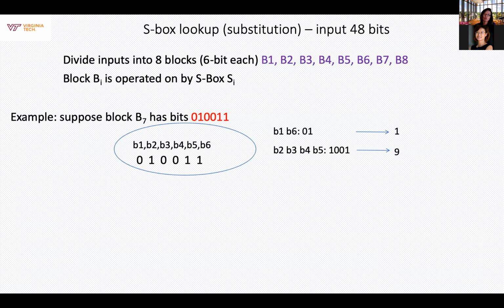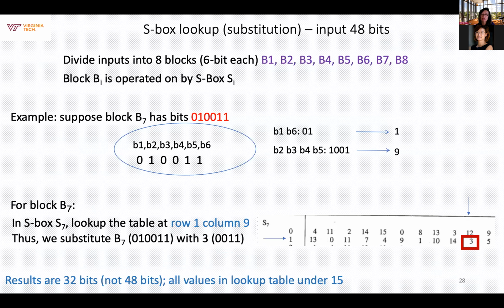Now you are in business because, according to the definition of S box lookup, it's pointing to row 1 and column 9. The row and column start with 0. Because we're talking about block 7, we look at the previous big table, the S7 box.